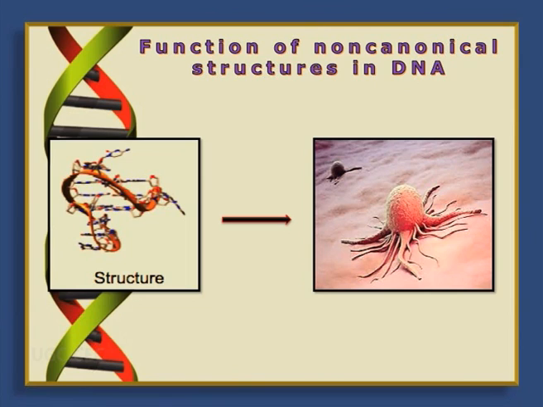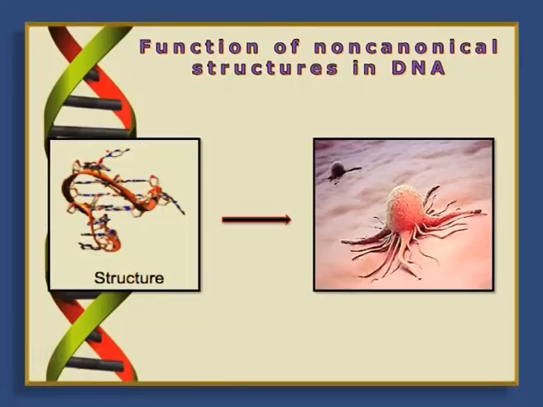The presence of such non-canonical structures sometimes leads to mutation, and this mutation results in the formation of neurodegenerative disorders or life-threatening diseases like cancer. So we should know about how the non-canonical structures of DNA are formed in vivo.